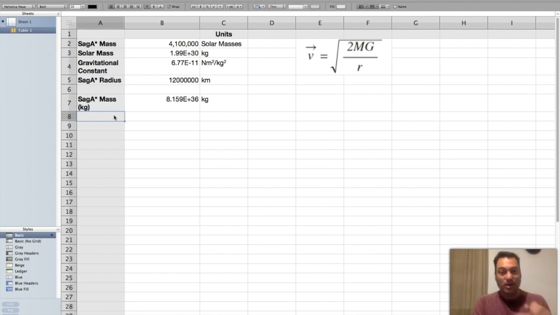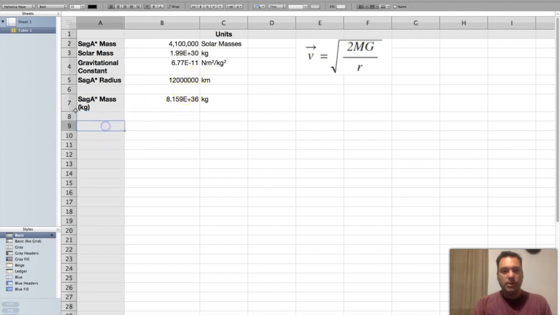That's a huge object. All right, so now it's very straightforward. We've got 2, that's just a constant 2, times the mass, which we just calculated, that's right here, times the gravitational constant, which we know is right here, and they're divided by the radius. The radius is in kilometers, so we're going to have to convert that into meters. We'll do that here in a moment.